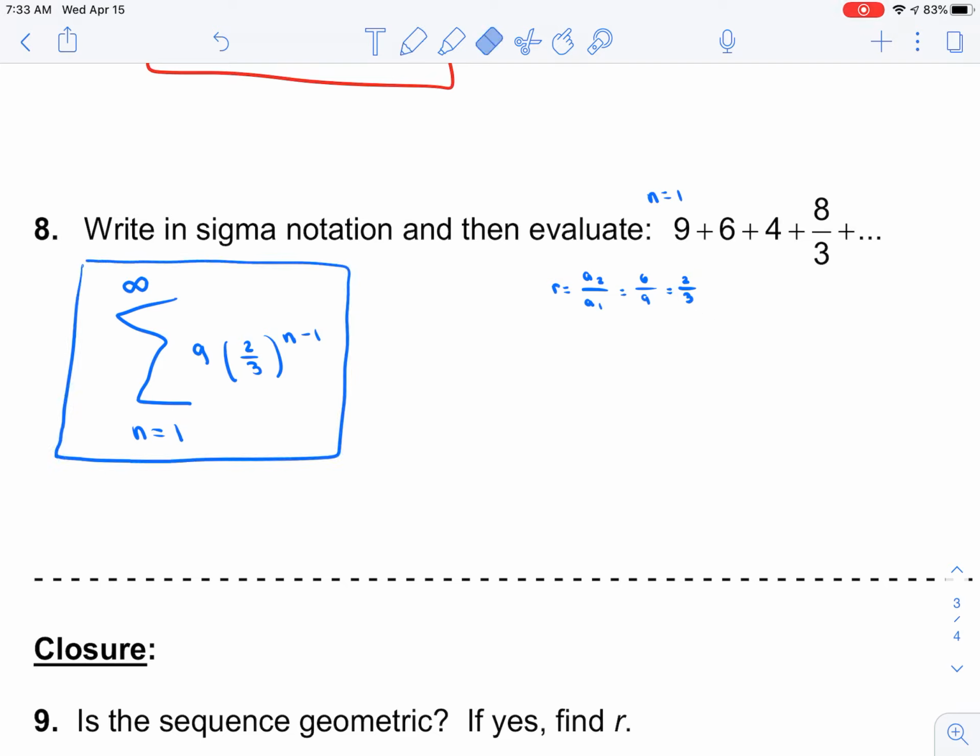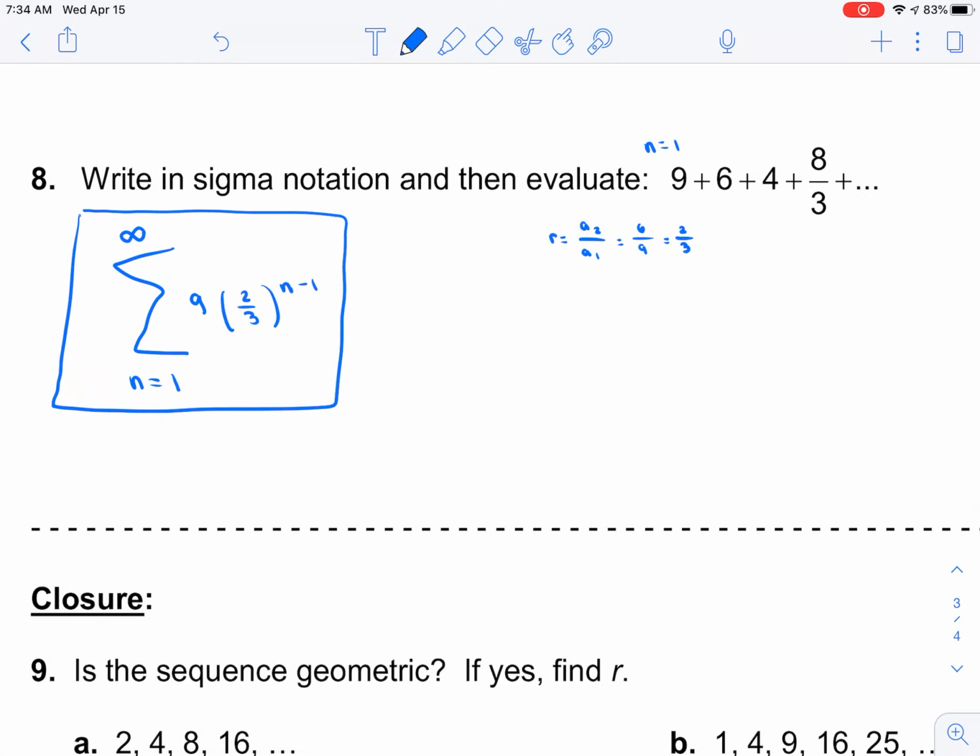Second part of this is to now evaluate, so actually find the sum. So because it's an infinite sum, we're going to use the formulas you just learned. So we're going to say the sum equals, remember we need the first term over 1 minus that common ratio of 2/3. So if you want to do this in your head, 1 minus 2/3 is 1/3.